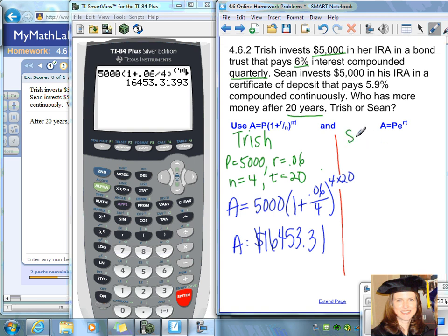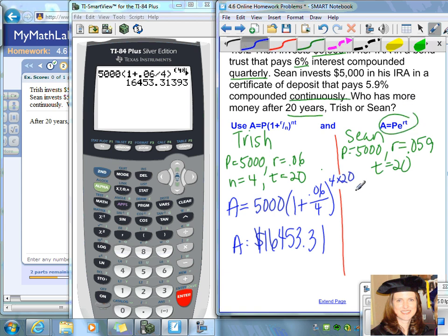Okay, now let's take a look at Sean. Sean invests the same amount of money, so P is equal to $5,000. The rate for Sean is 5.9% or 0.059. The T is 20 years, but it's compounded continuously, so we use this equation.